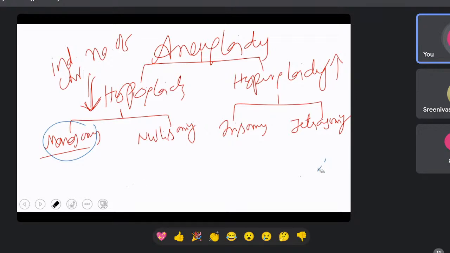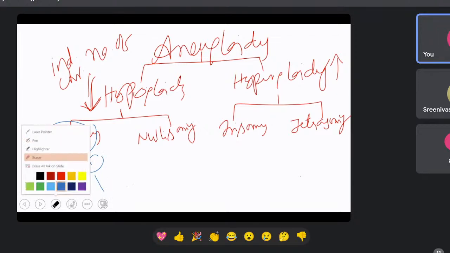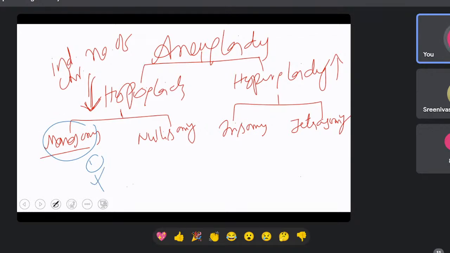Nulli means nil. In monosomy, out of one pair, one is lost. That means at least it has one representative from the father or mother. One chromosome of a pair from father, the other chromosome of the pair from the mother. So if the paternal chromosome is lost, the maternal chromosome is there.